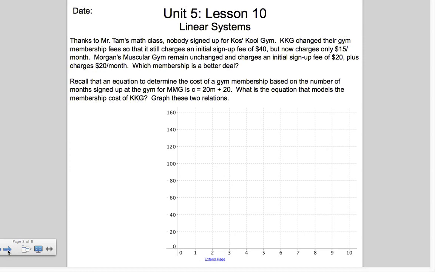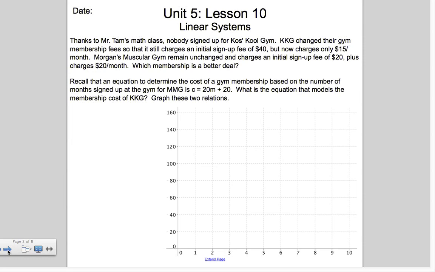So the question is now, which one is the better deal? We have Cause's Cool Gym, higher startup cost, $40, but every month I go, it's only costing me $15.